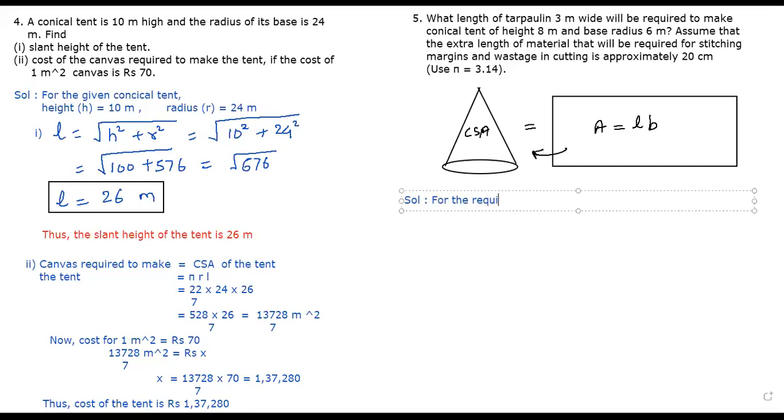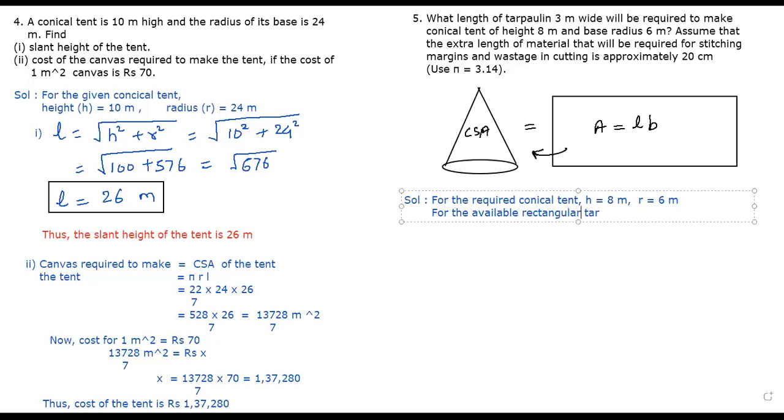For the required conical tent, what is given to us? Height is given. H is equal to 8 meters and radius is equal to 6 meters. And for the available rectangular tarpaulin, it is going to be rectangular.